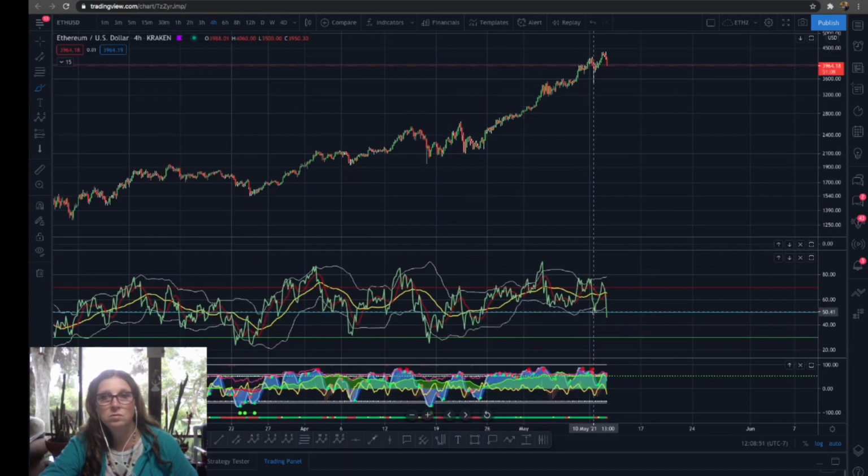4-hour already has bullish divergence, but it's broke the 50. So when this comes down and finishes its correction, we want to see a higher low here and then this lower low here.